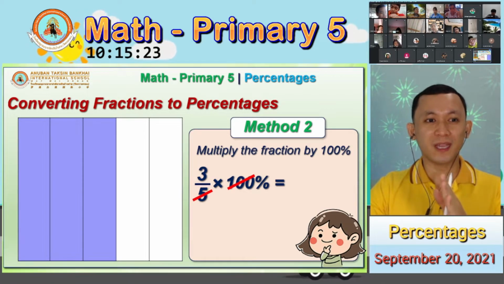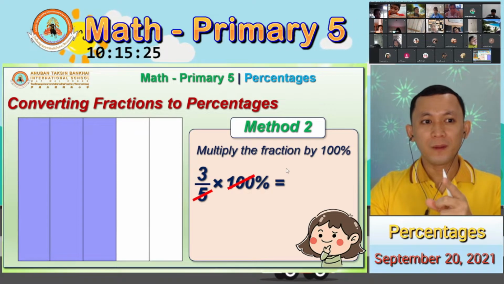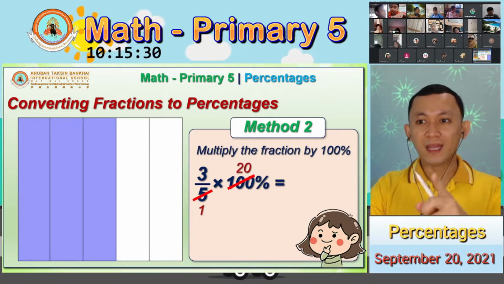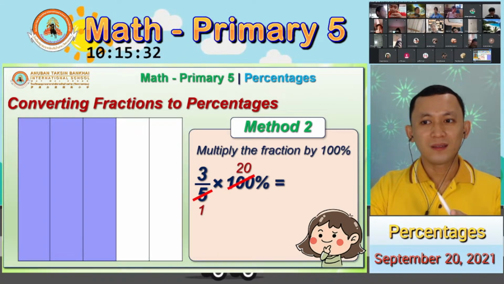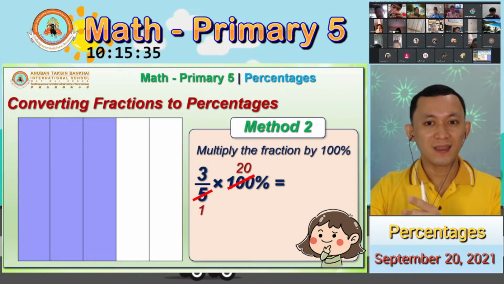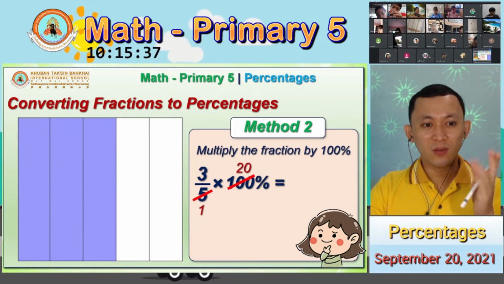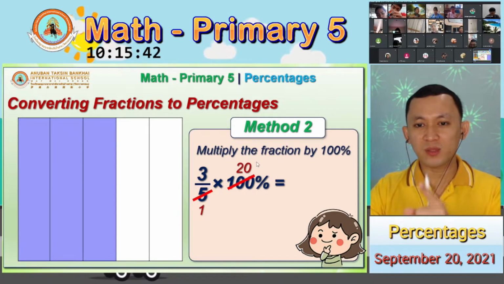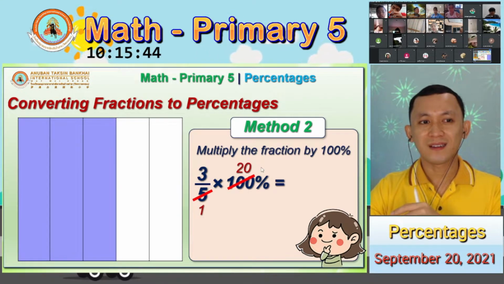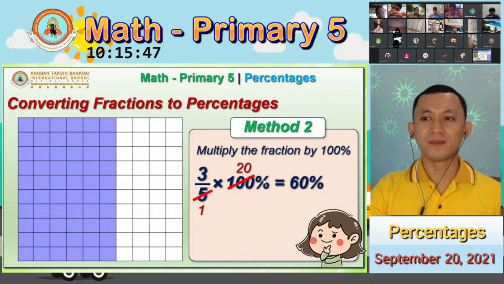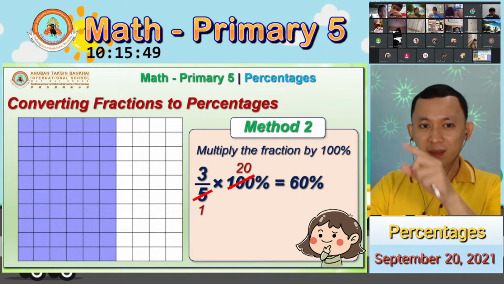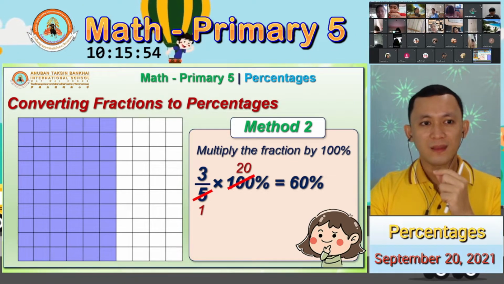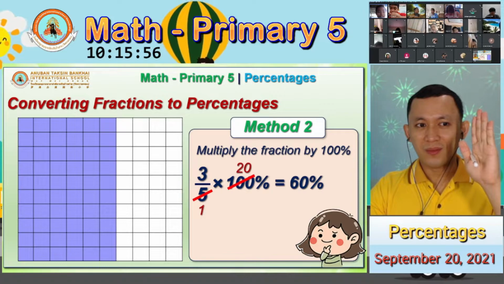So 5 we can cancel it by 5, so 5 became 1, and 100 became 20. Now we multiply 3 times 20, what's the answer? 60, the same. We copy the percent sign, so we have 60%.